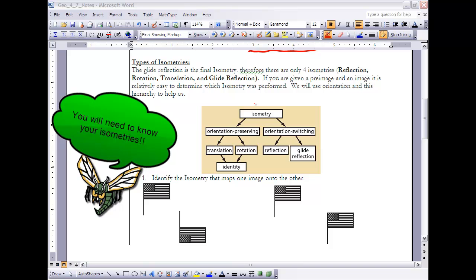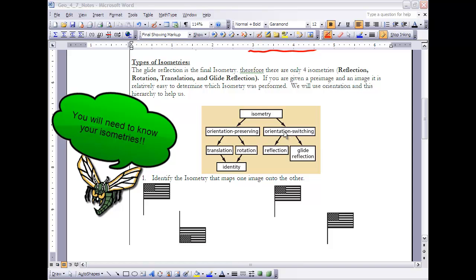Okay? So one of the things that we're going to need to be able to do is, if we're given an image and a pre-image, determine which of the isometries has been performed on it. To help us do that, I have a chart here. So we have isometries. There's two types of isometries that we're going to look at: orientation preserving and orientation switching.